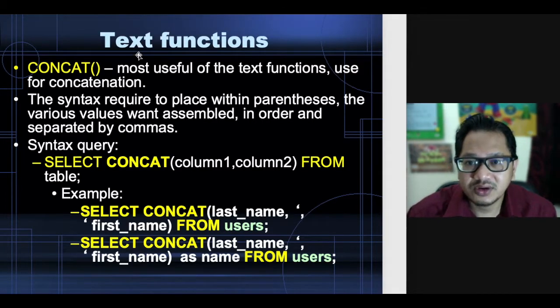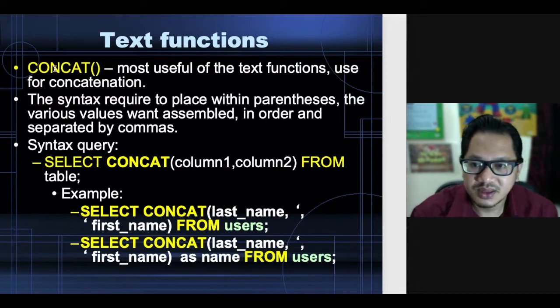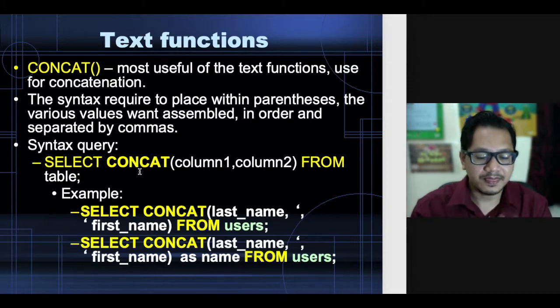This is for text function. If you want to concat, this means you want to modify the text. Dalam PHP pun ada, in MySQL pun ada function dia. For example, select concat column 1 and column 2. So this means dia akan join together.